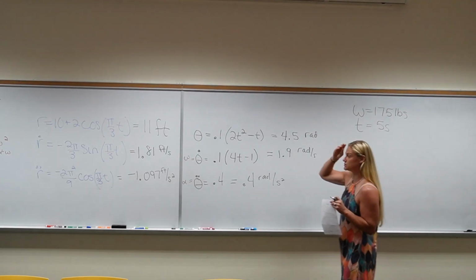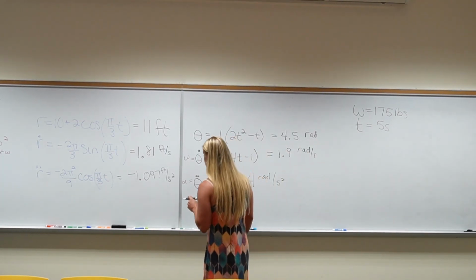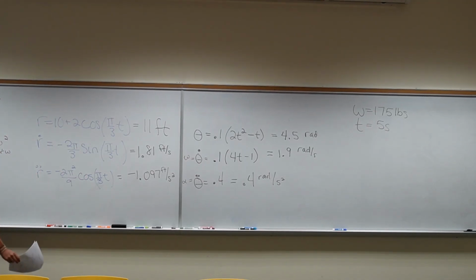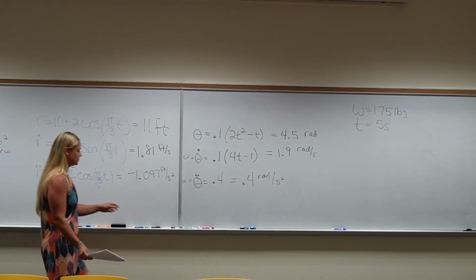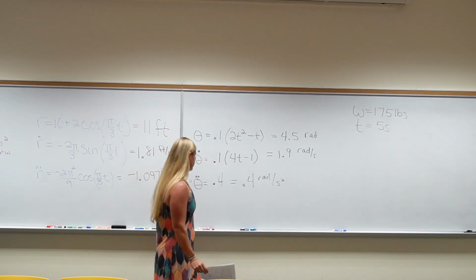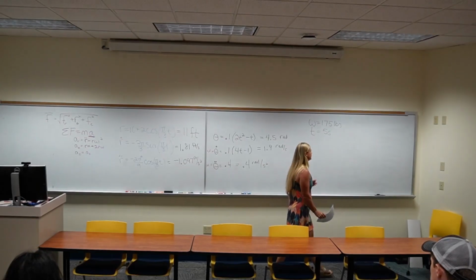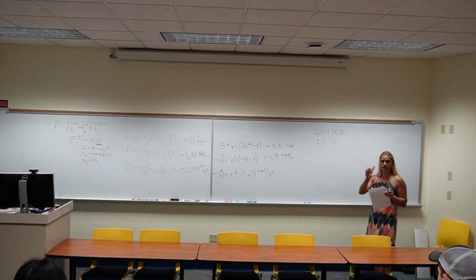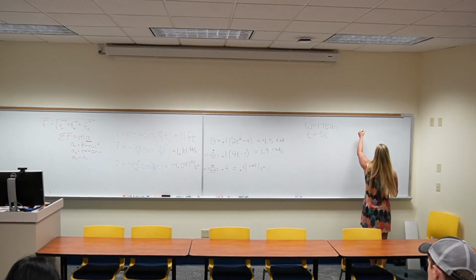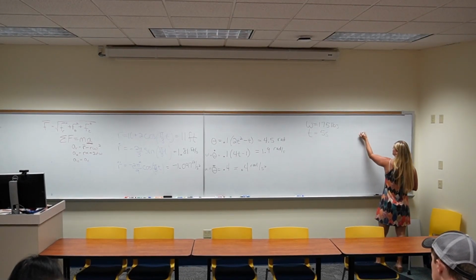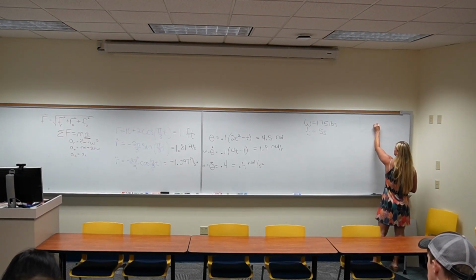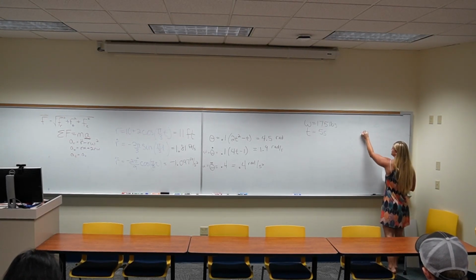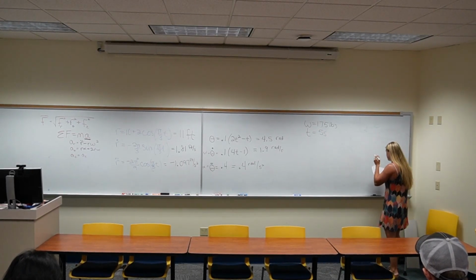Now that you have these derivatives, we need to look at the forces. I can't calculate the forces really without a free body diagram, without knowing what I'm looking at, right? If you're looking at the horizontal plane, and you had this picture with the person here, and this was theta, and this was r.